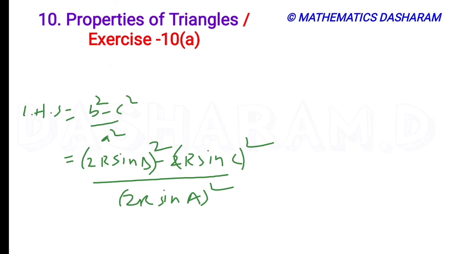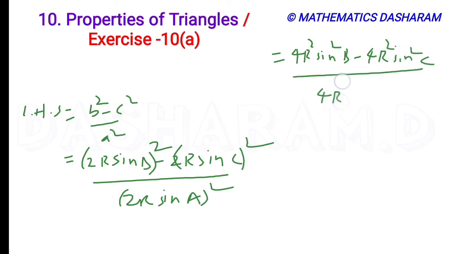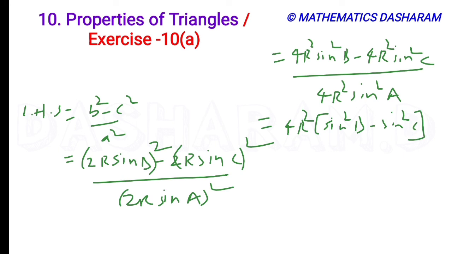So then it is equal to 4r square sin square b minus 4r square sin square c divided by 4r square sin square a. From the numerator take 4r square common, so (sin square b minus sin square c) divided by 4r square into sin square a. 4r square cancels.